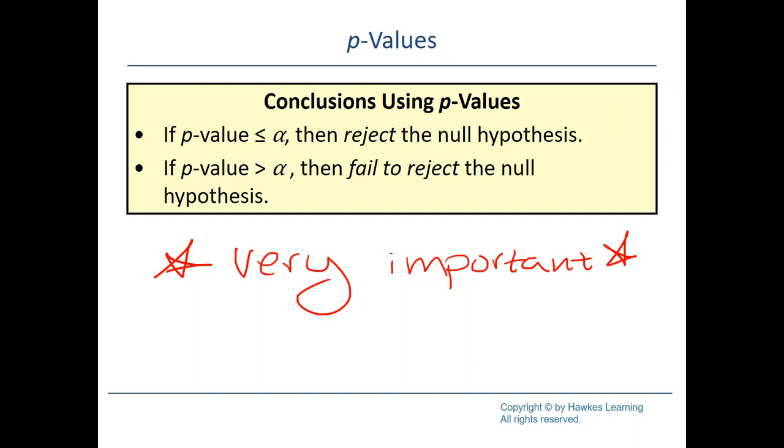So is that p-value bigger or smaller than my alpha? If the p-value is smaller than or equal to my alpha, that means we've fallen in the reject zone, so we're going to say reject it. If the p-value is bigger than the alpha, that means we're in the fail to reject area.